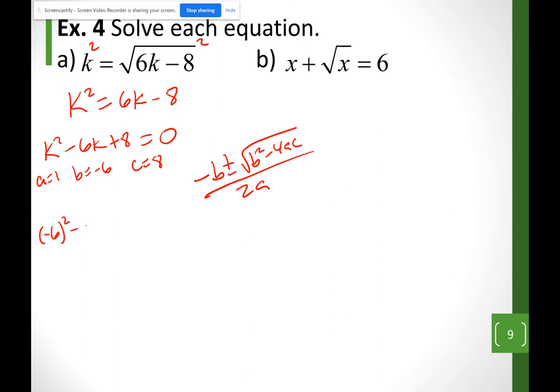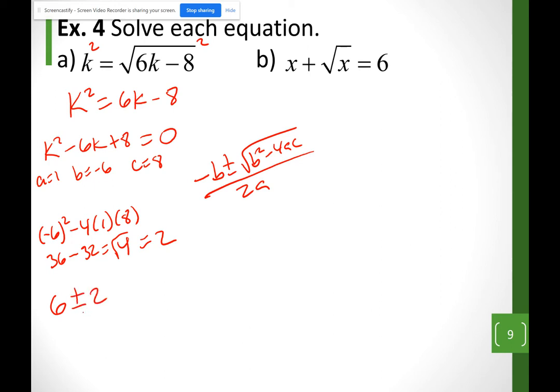Negative 6 squared minus 4 times 1 times 8. I have 36 minus 32. Get the square root of that. Okay, so now let me go in there. Negative b, I'm going to use the whole quadratic equation. Negative b, that gives me positive 6, right?